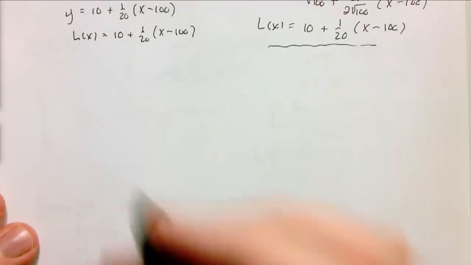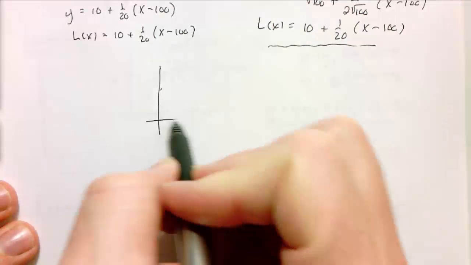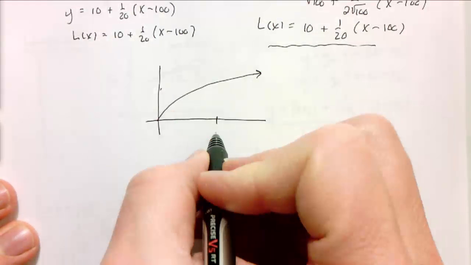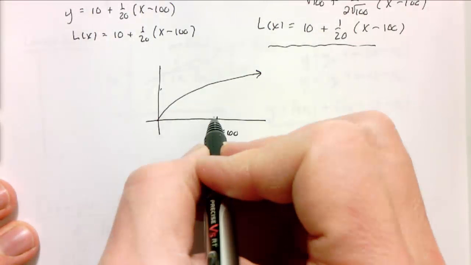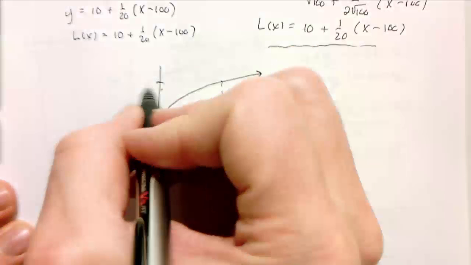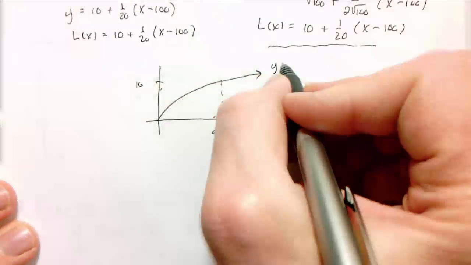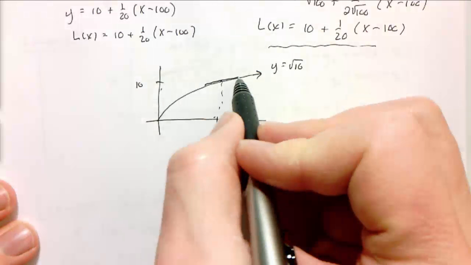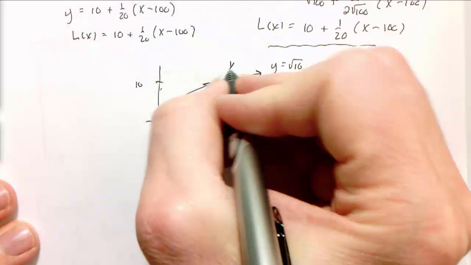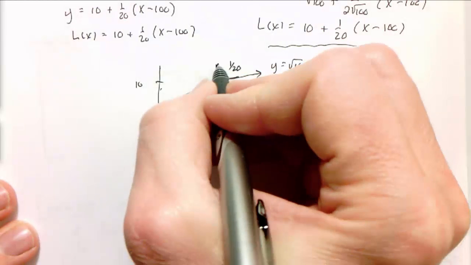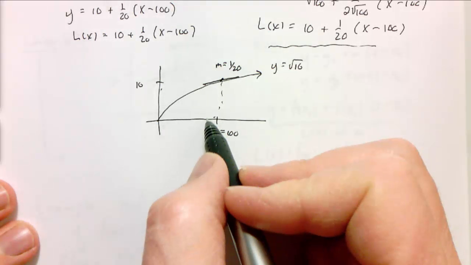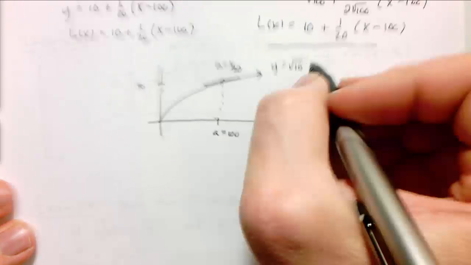What can we do with it? Well, the idea here is, I've got my square root function. I'm over here at, say, a equals 100, where I know the value of the square root is 10. So if I know what's going on here, and I also know the slope of the tangent line right there is 1/20th, I ought to be able to tell you what's going on at, say, 99.